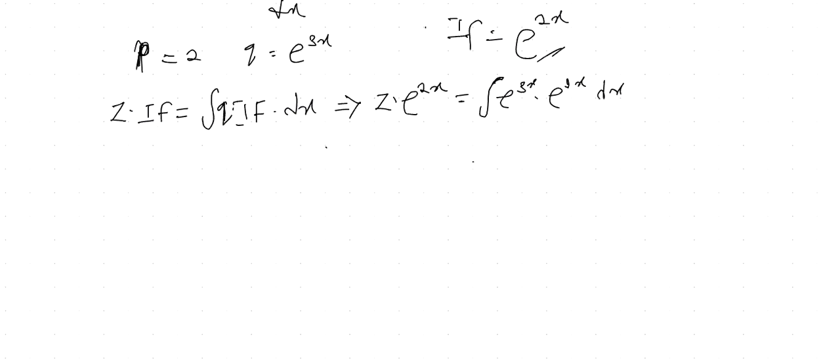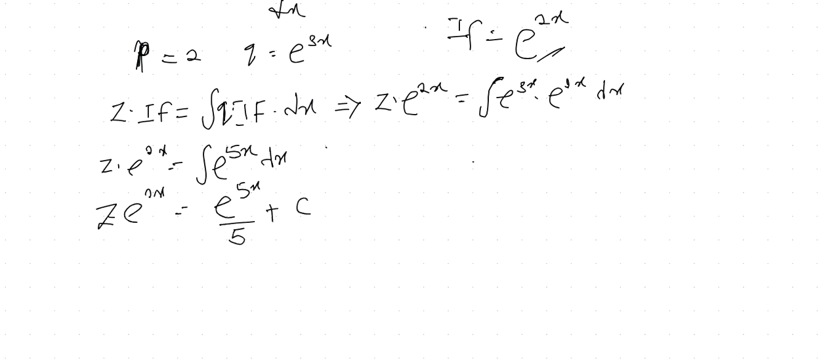So we have z multiplied by e raised to the power of 2x equal to the integral of e raised to the power of 5x dx. Let's integrate. On integration, this is going to be e raised to the power of 5x over 5 plus c.